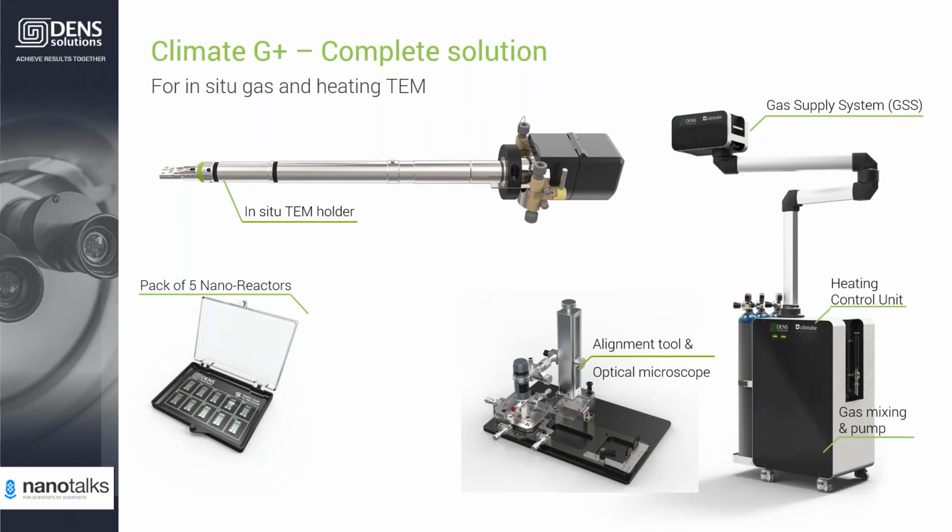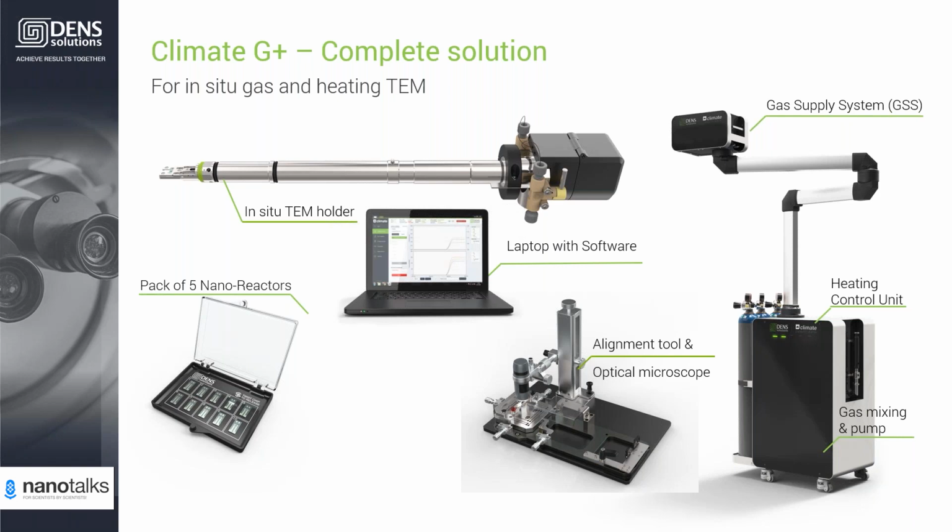Inside this gas supply system, you also find a small electronics box which will control the heating function of the nanoreactor. Then, of course, the whole system is software controlled via a laptop with Impulse software. We'll come to that a little later.